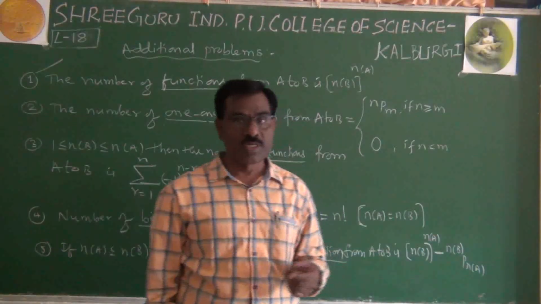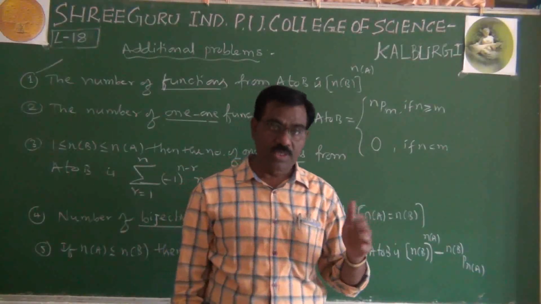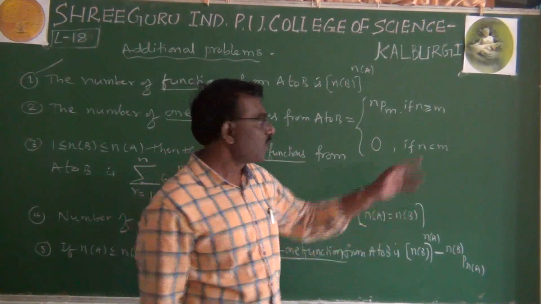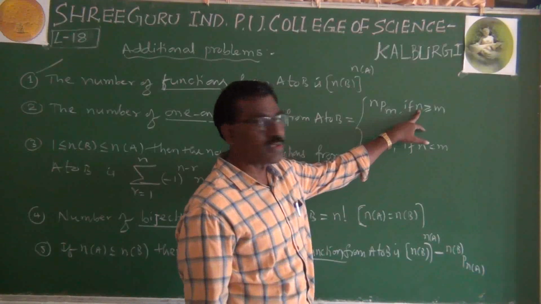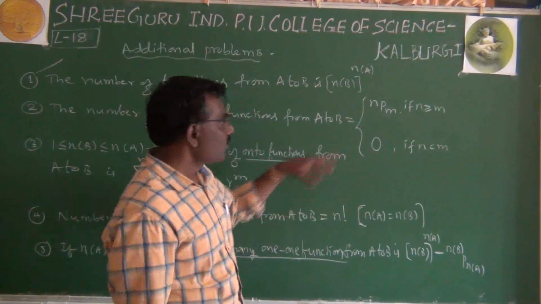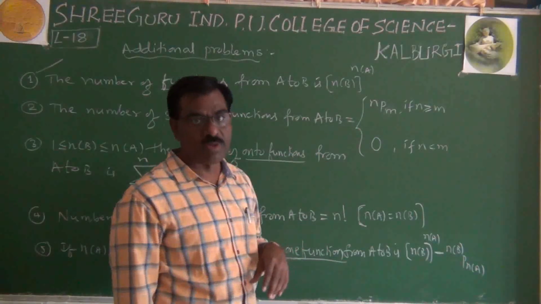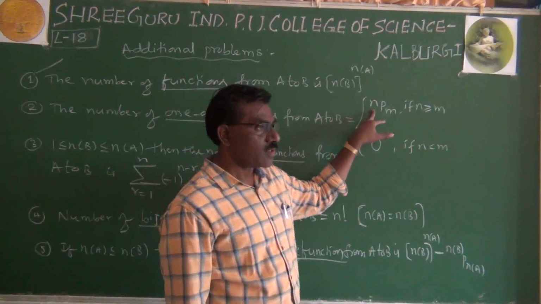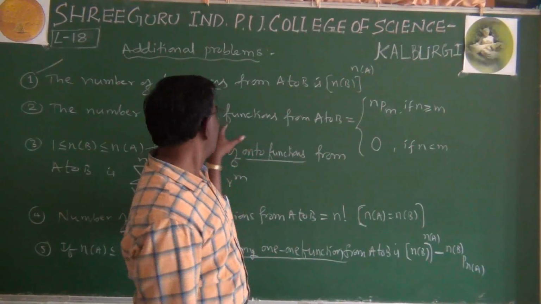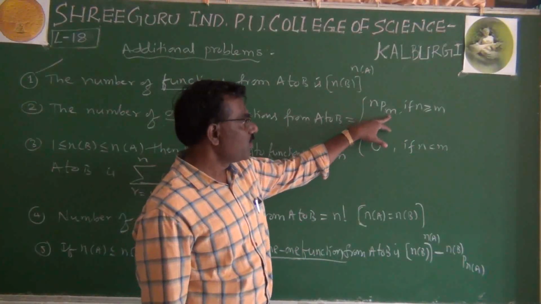The number of elements of set A. The number of elements of set B is greater than the number of elements of set A, so n of B is greater than n of A. So what is the answer? nPm, permutation. When n is greater than m, the number of 1-1 functions is nPm.